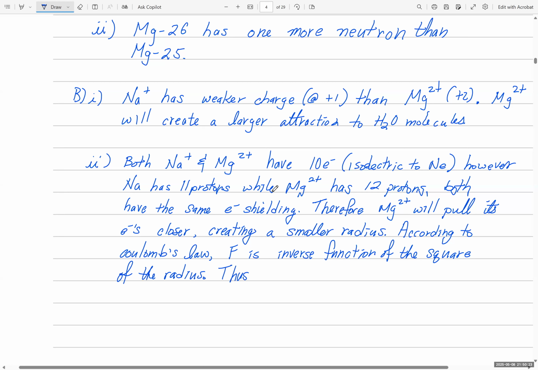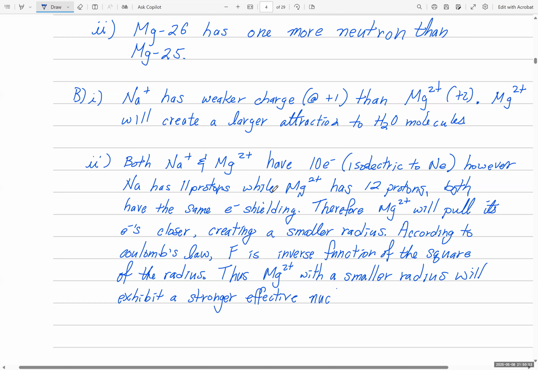Thus, Mg2 plus with a smaller radius will exhibit a stronger effective nuclear charge.